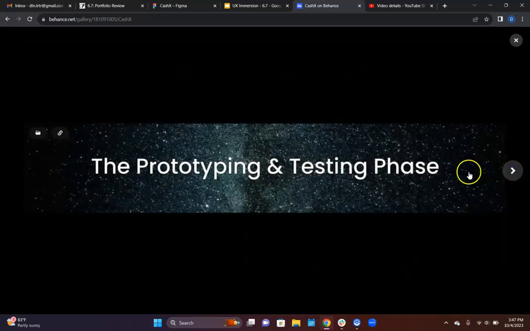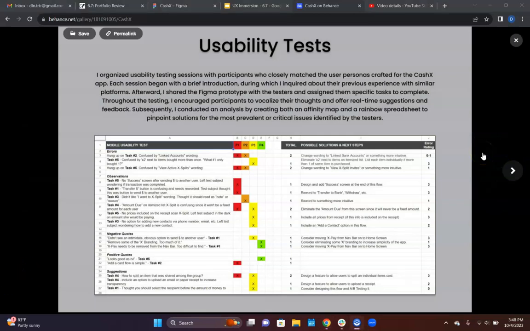And finally, on to the prototyping and testing phase. So we started the prototyping and testing phase with some usability tests of our mid-fidelity prototype that we had developed. We started these sessions with a brief introduction, asking about their previous experience with similar apps.